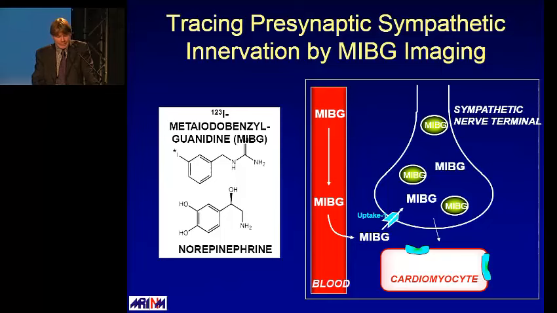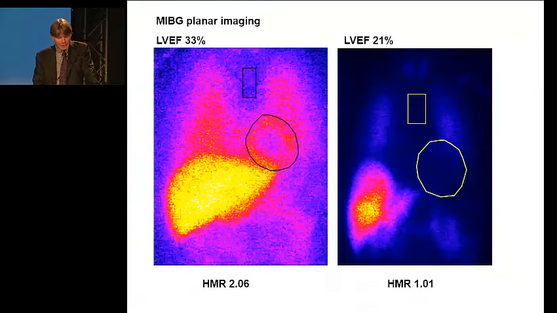This is a slide that I borrowed from Marcus Schwaiger from Munich, and it shows directly to you how in red the MIBG is injected in the blood, then taken up in the sympathetic nerve terminals, and it gives us a marker to visualize how much sympathetic innervation or denervation there is in the heart.